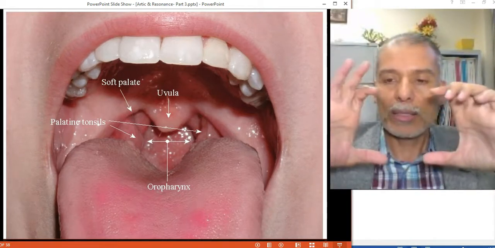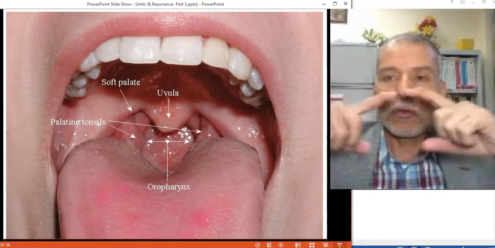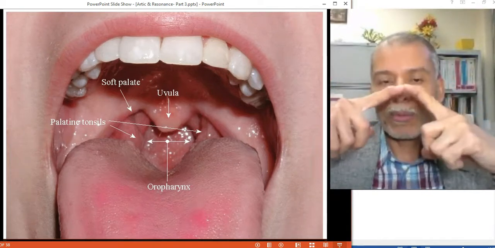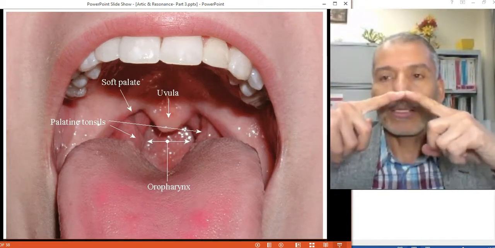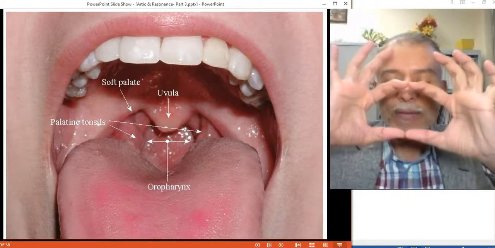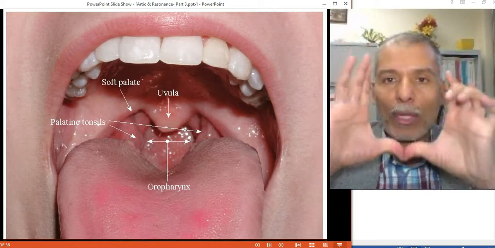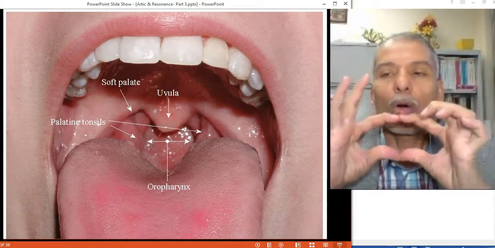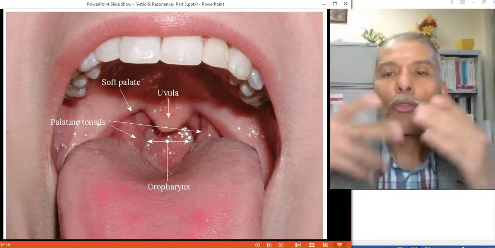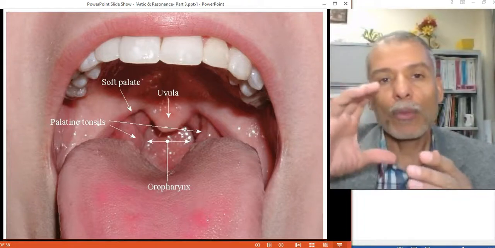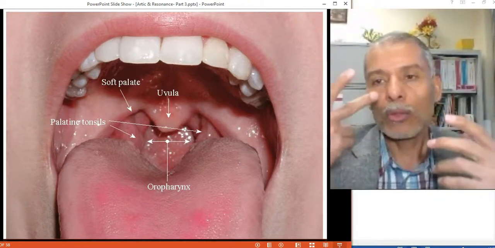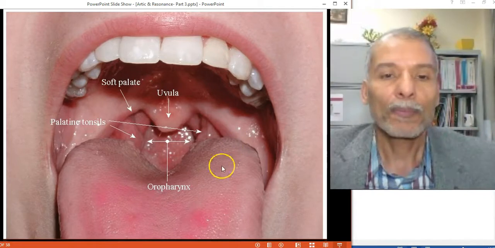So when it contracts, if you fixate the top part, the palatal part, you are going to elevate the tongue. If you fixate the lower part of the palatoglossus, you can lower the velum, because both the tongue and the velum are flexible. So you can do two things with the same muscle.